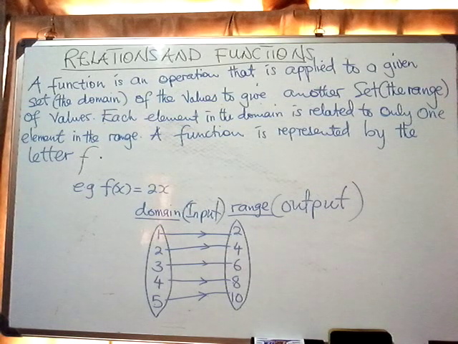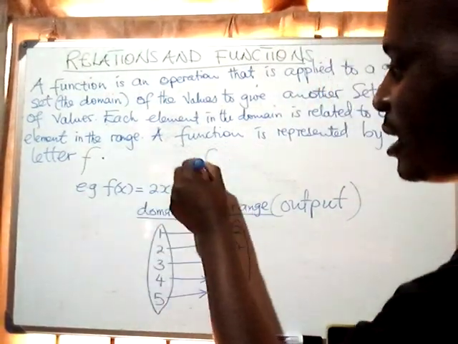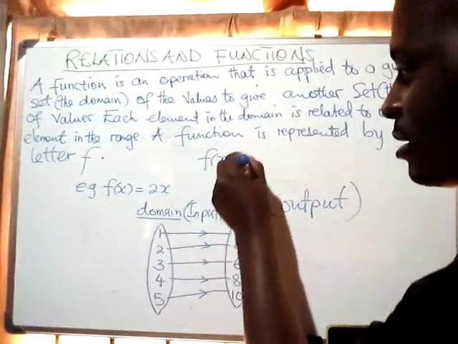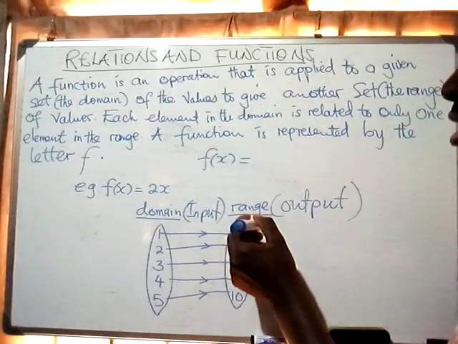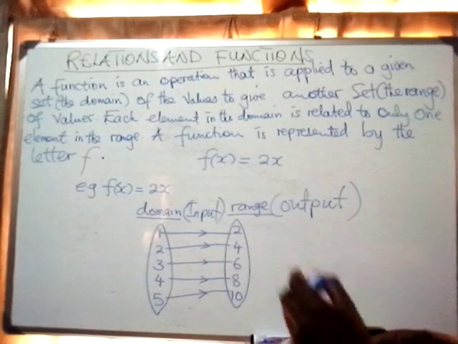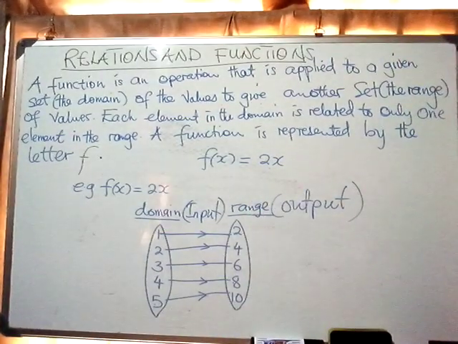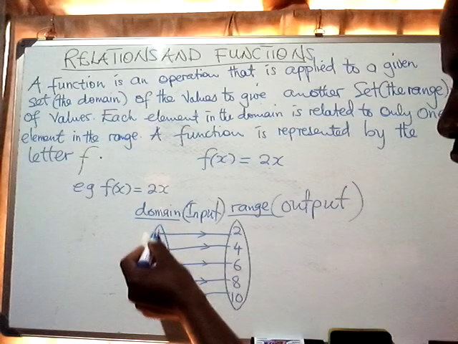Now, let's see what we have under a function. We have an example where we are told that f of x is equal to 2x. This x stands for these values which we have here.